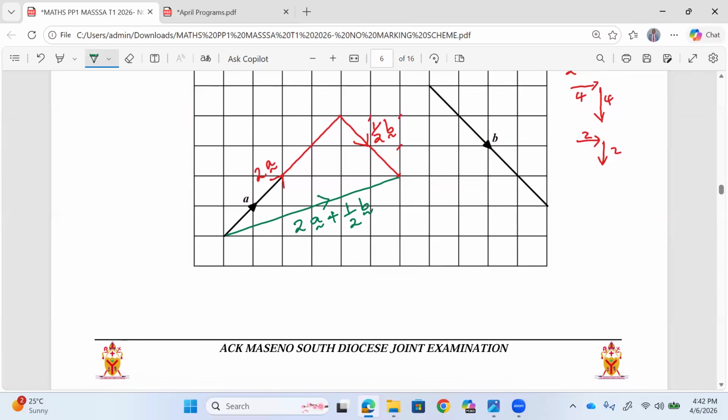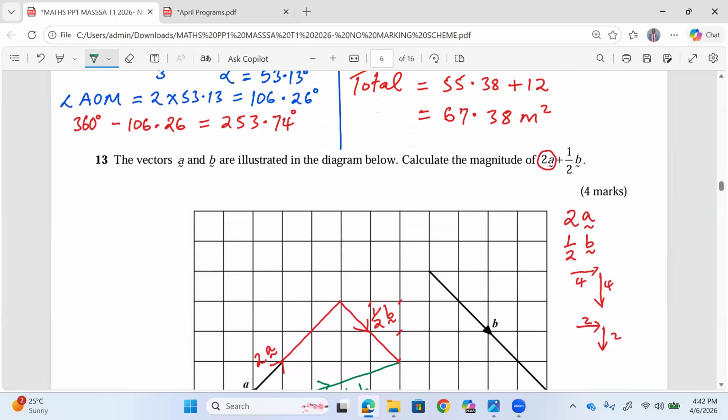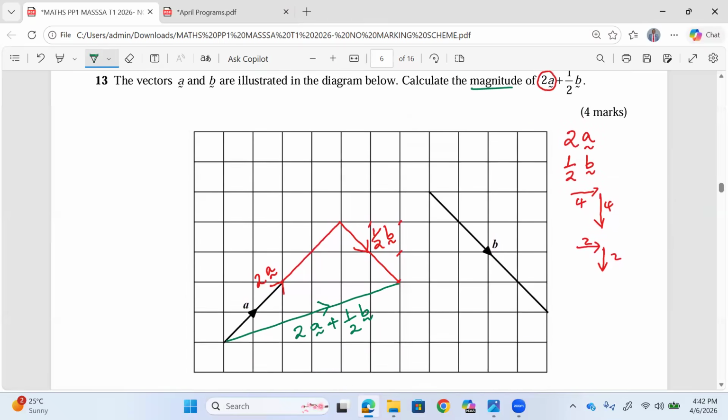That is the line. When we talk about magnitude, we mean the length.